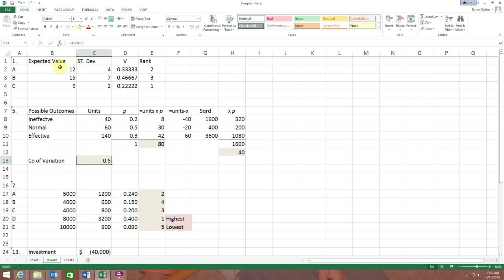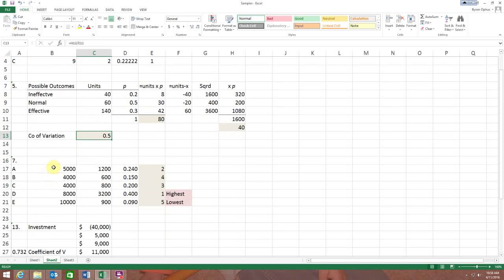You could copy your deal, and then you just have to input the numbers. So I've got 5,000 with a standard deviation of 1,200, and so it's simply equal to my standard deviation divided by my expected outcome, and there it is. I've input all my data, and you guys can as well, and I drag that down, and that gives me that.